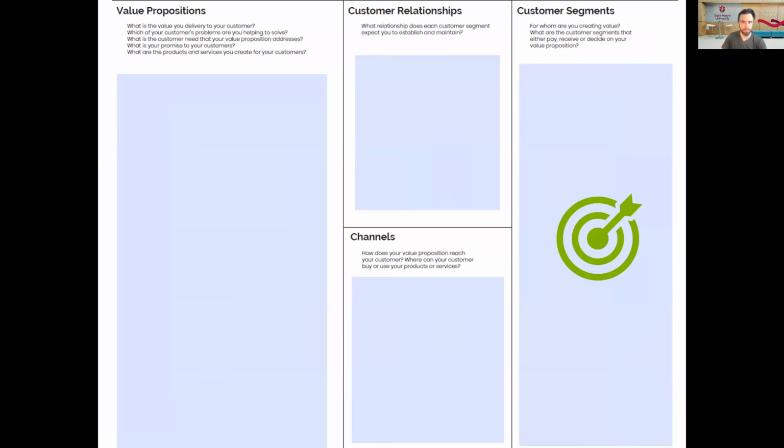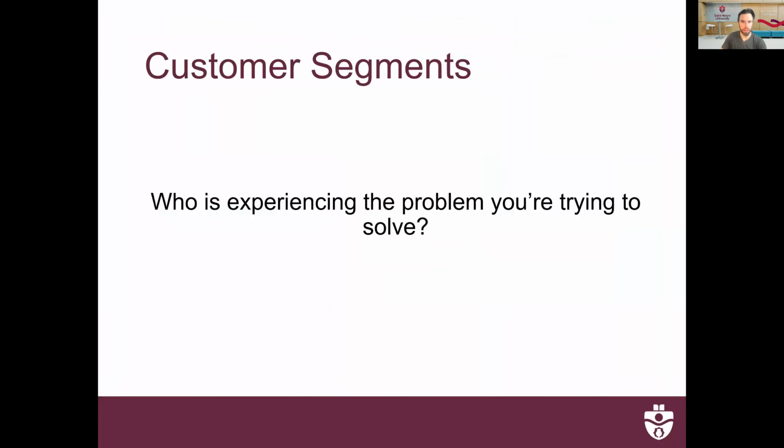In this example, I'm going to talk about using a high-tech children's toy as the sample business. I think it's a good one because it's multiple users experiencing multiple problems. So the whole idea with the customer segments is you want to identify who is experiencing the problem you're trying to solve. I'll do another video series later all about problem, solution, fit, customer discovery, all that sort of stuff.